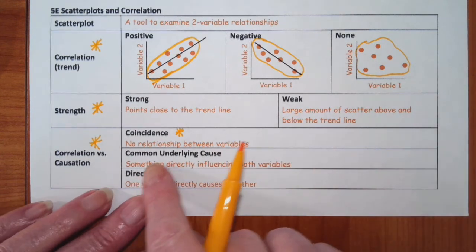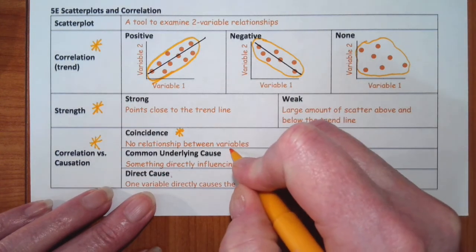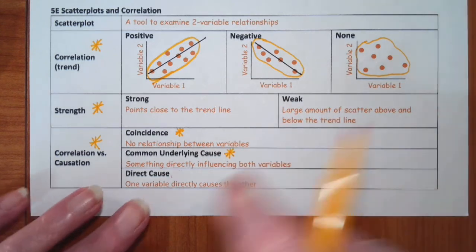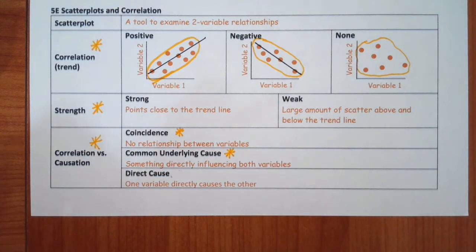Okay. Common underlying cause is when there is something else that is causing both of them. I'm trying to think of one we did in class. But there are any number of them that would impact both. For example, one of the ones that I've seen in the news is that there is a positive correlation between the number of ice cream cones sold and the number of murders in New York City.